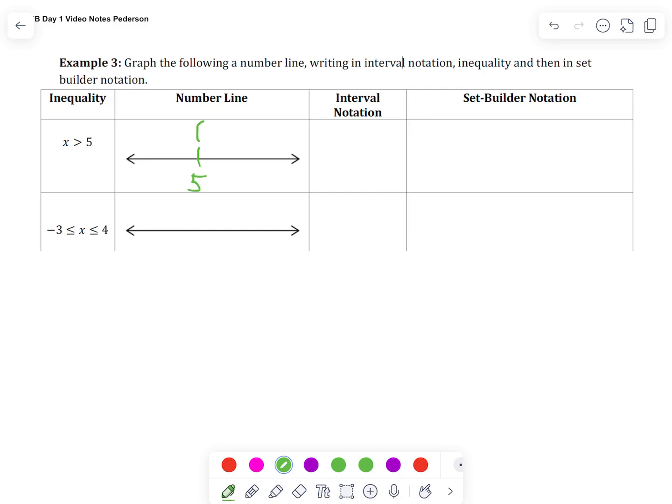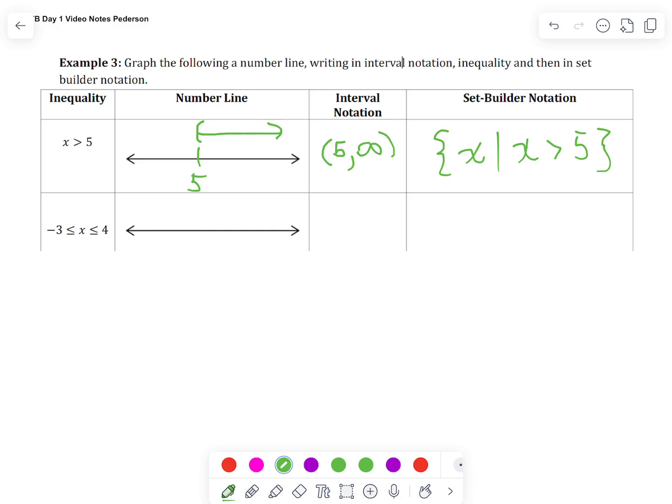So we put a little parenthesis here, and it's going greater than. As an interval, it starts at just to the right of 5 and goes to infinity. In set builder, x with that vertical line, such that x is greater than 5.